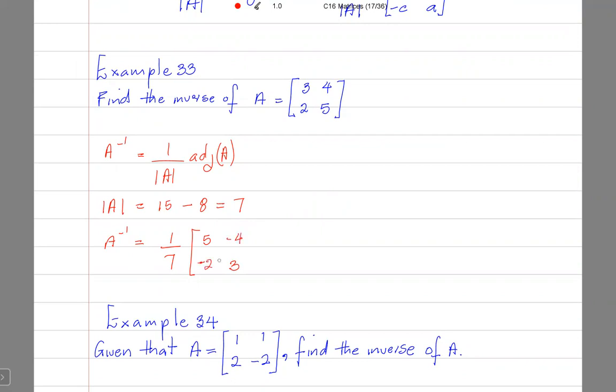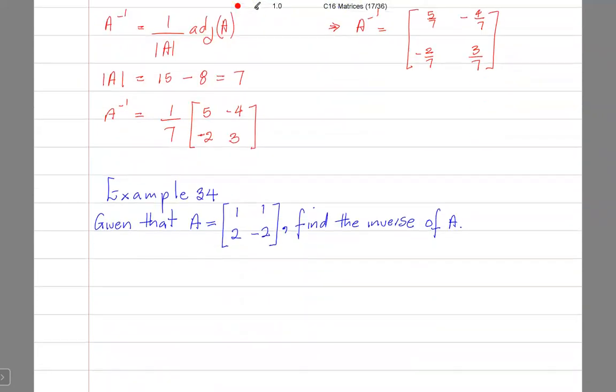Now I can further write this as A inverse is equal to 5 over 7, minus 4 over 7, minus 2 over 7, 3 over 7. Multiplying by 1 over 7 is the same as dividing by 7. That's A inverse.